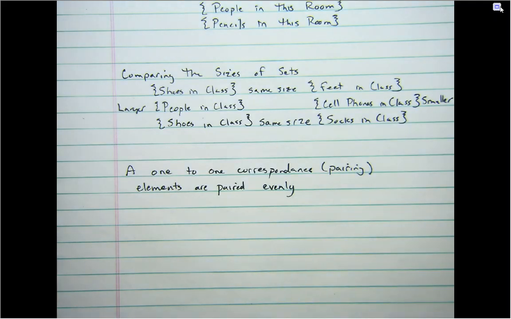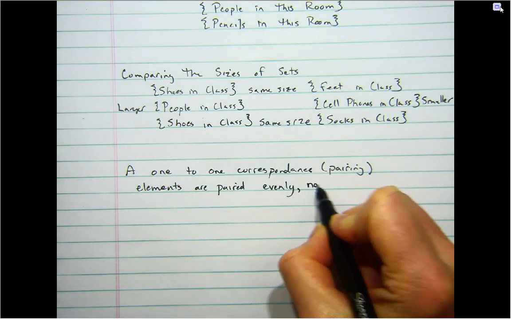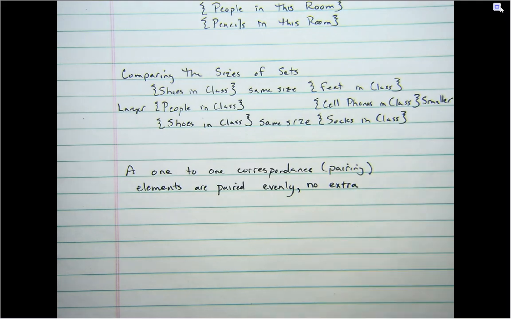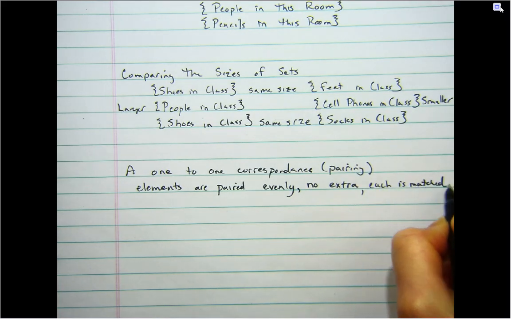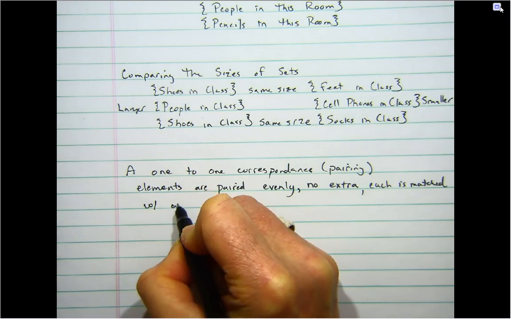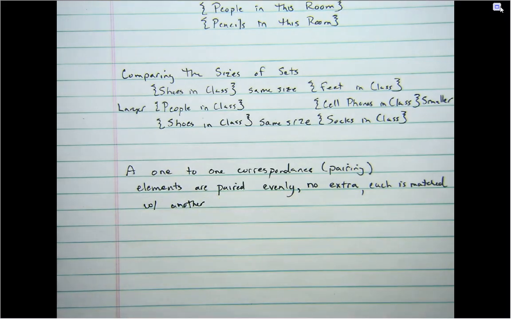We just match them up. There's no extra. Each is matched with another one. So I'm going to give you some sets now, and I'm going to ask you to decide if there's a one-to-one correspondence between the sets or not. Sometimes I'll say correspondence, and sometimes I'll say pairing. We can use those ideas interchangeably.